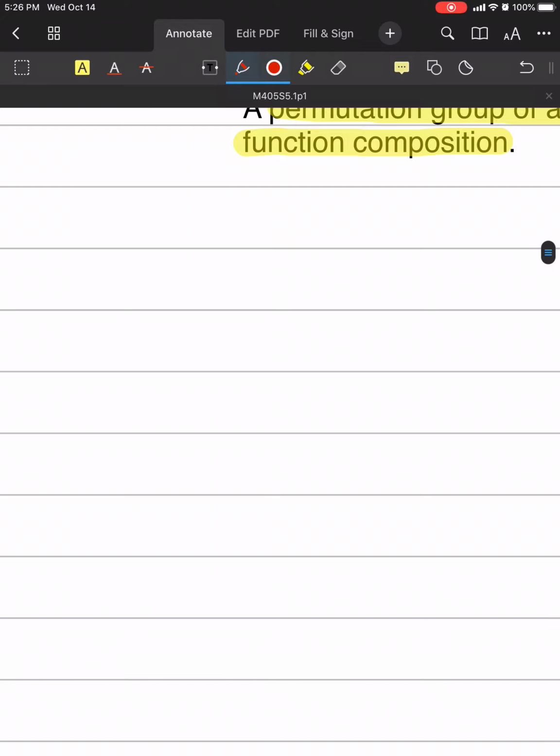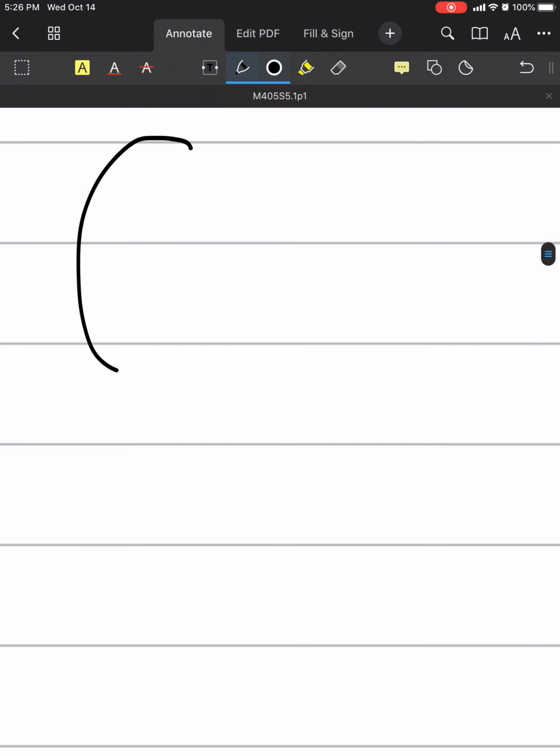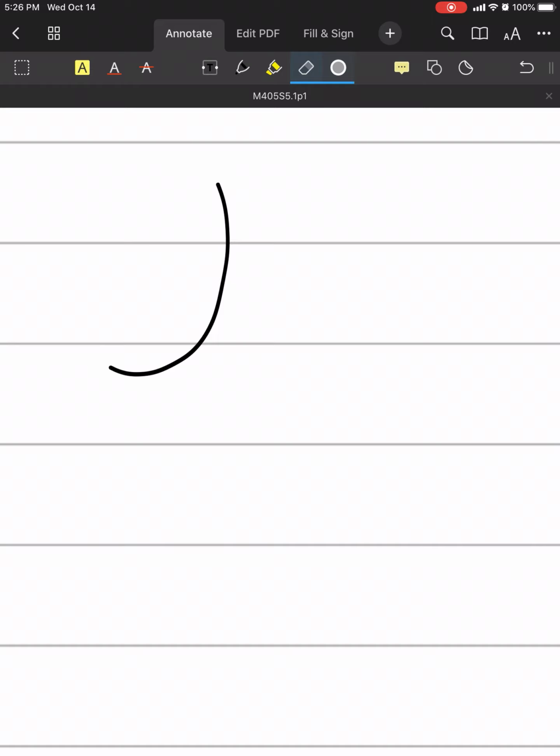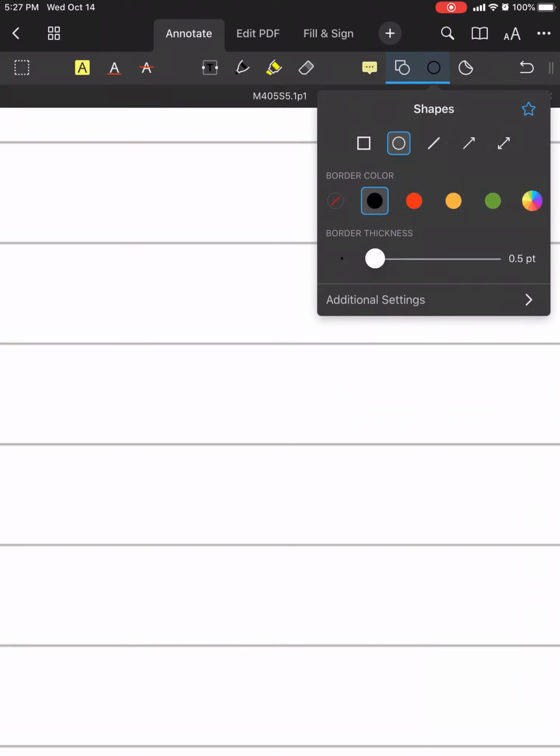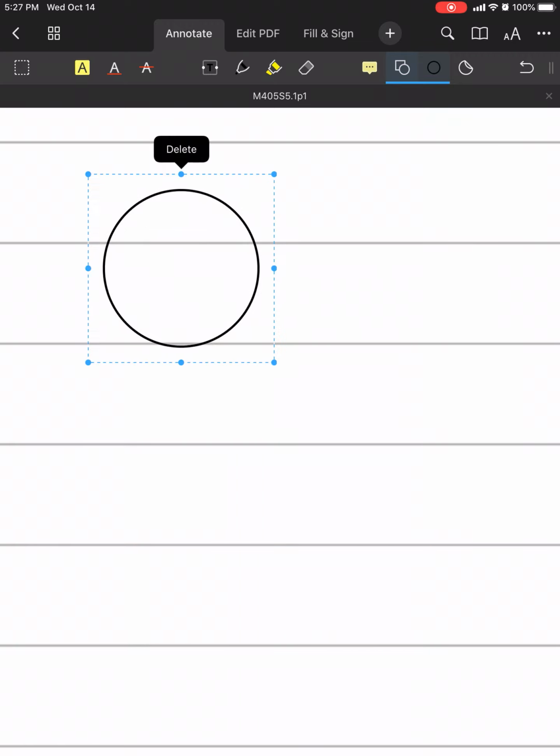So let's start off by looking at this as just a little diagram, and let's do something simple here. Actually, hang on. Let's do it this way. This thing will make circles for me. Why don't I just let it do the work? Black and, oops, circle. Okay. There we go.